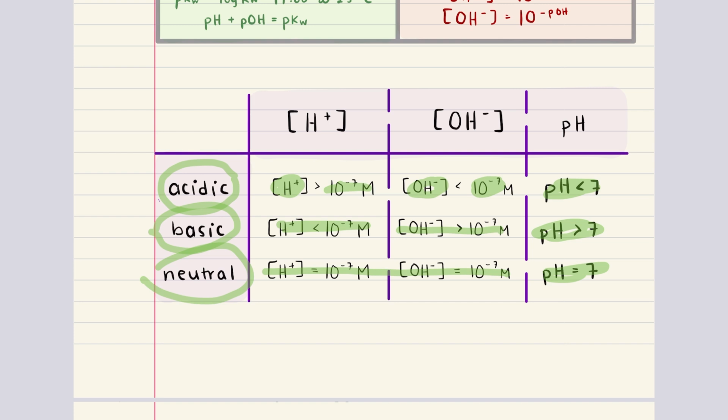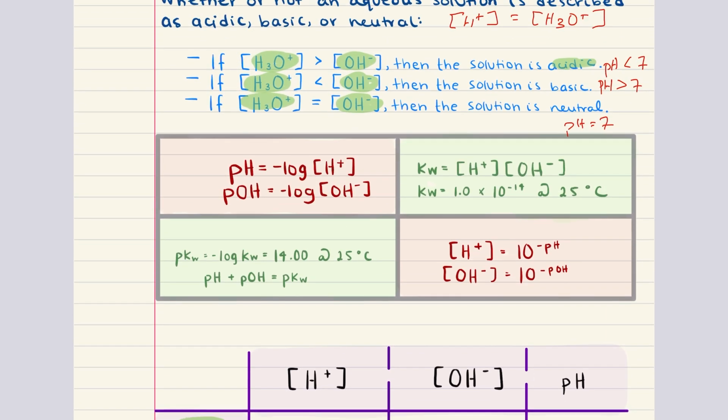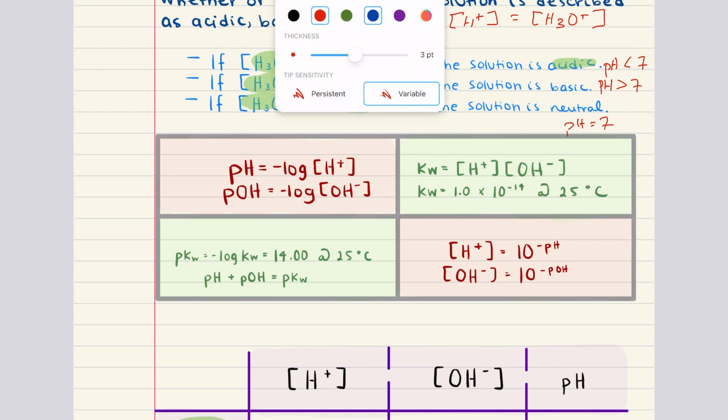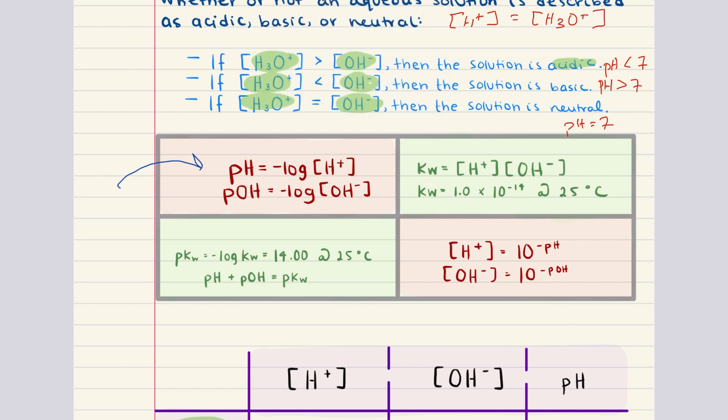Now I want to scroll back up to this table right here. This summarizes a lot of these equations we've talked about thus far. In this first box, we have our equations for pH and pOH. So pH is equal to the negative log of the hydrogen ion concentration, and pOH is the negative log of the hydroxide ion concentration.